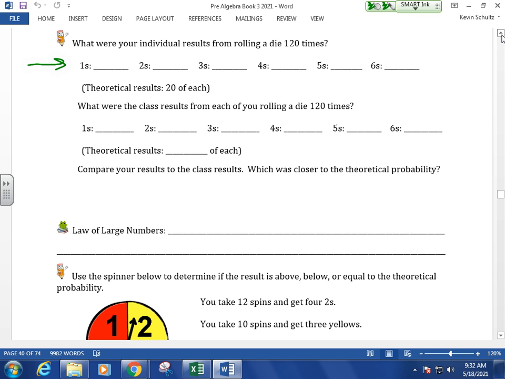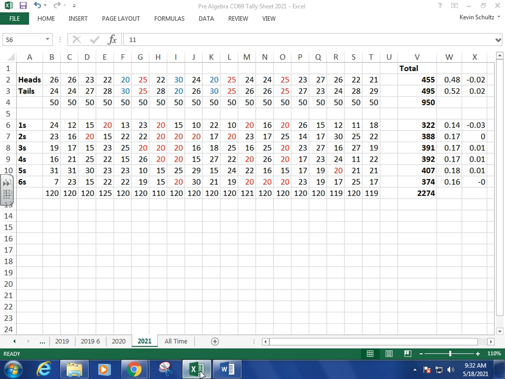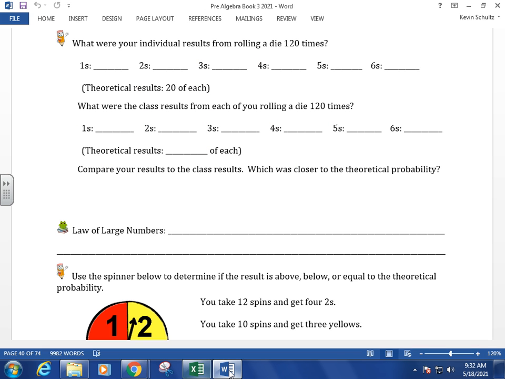And theoretically, you should have gotten exactly 20 of each. And when we looked at the overall data and highlighted how many people actually got 20 of anything, there were 2 people here, 3 people that got 20 on 4 of them, right? But overall, very few people got 20 of anything, even though that's what theoretically should have happened.